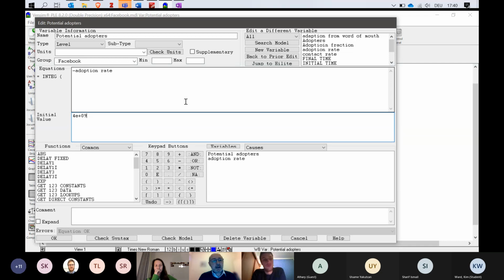You see at the top that the name is potential adopters, type is level, and in equation you have equal integ. In Vensim language, integ is integral. It is the integration of the adoption rate over a period of time with an initial value of 4 billion.